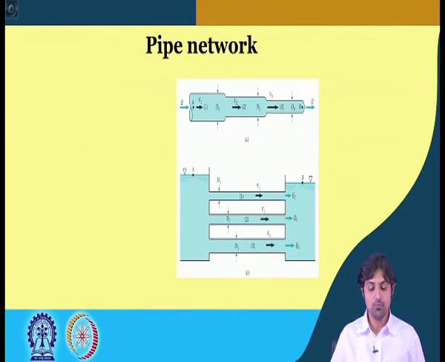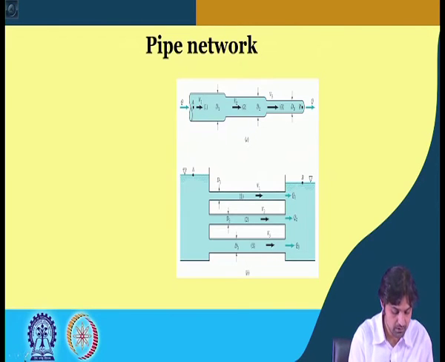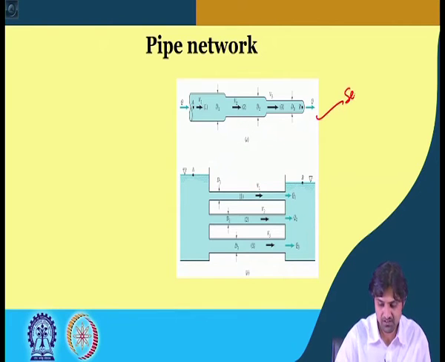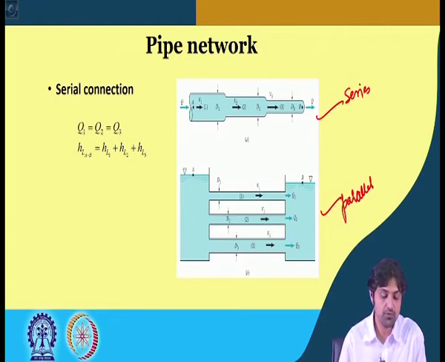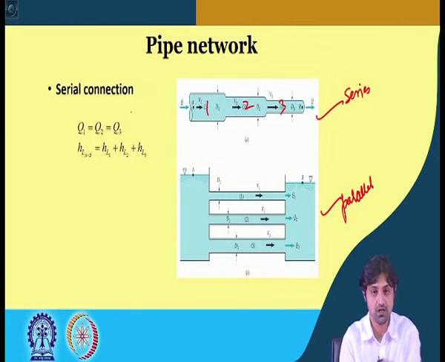So we talk about pipe networks. Pipes could be connected in series or parallel, or a combination of both. So this is a serial connection. In the serial connection, the important property is that the discharge Q1 in this section, section 2 and section 3 will be the same.